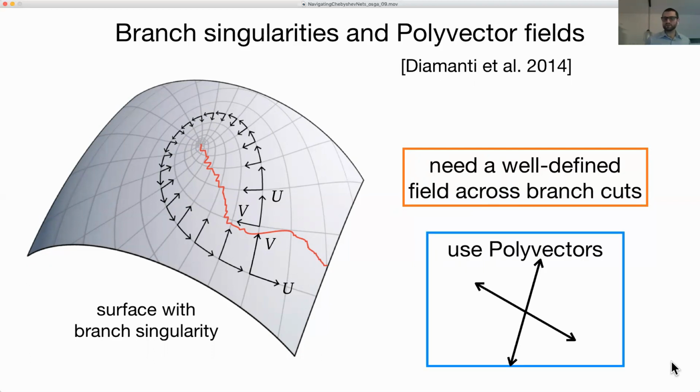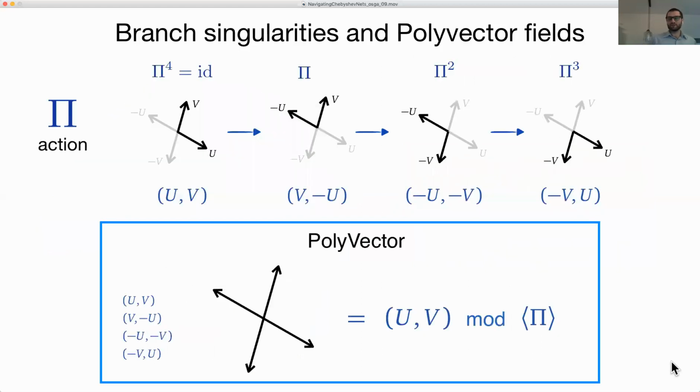A polyvector field says, use the whole cross field, given by U and minus U and V and minus V. Precisely, this means that we have some action, like a generalized rotation, where I start with U and V, and then I apply pi, and I get V, minus U, apply pi again, minus U, minus V, and all the way until I go 4 times, and I come back to the identity. And so this polyvector is given by a pair of tangent vector fields modulo the group generated by this action.